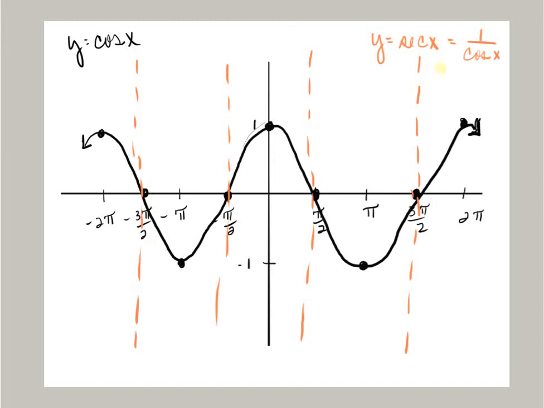Okay, wherever cosine is 1, secant is also 1. So that's here and here and here. Where cosine increases, secant will decrease. Where cosine decreases, secant will increase.